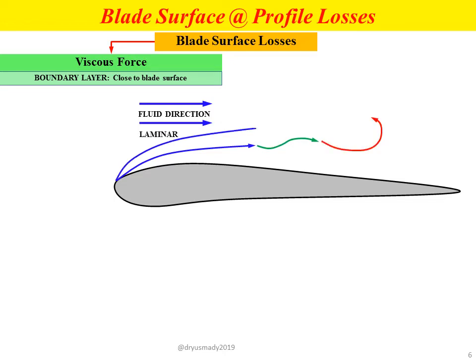We can divide into 3 types of flow. First, at the beginning of the fluid flow on the surface of the blade, we have laminar flow, and then transition flow, and the final one is turbulent flow. So we have 3 types of flow region. You already learned these types of flow regions in fluid mechanics.